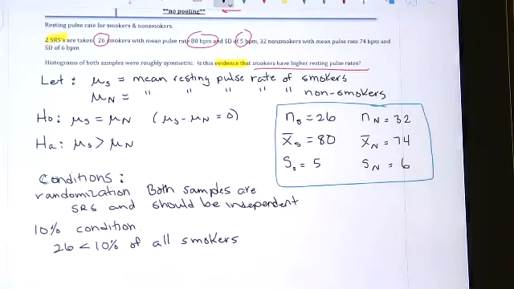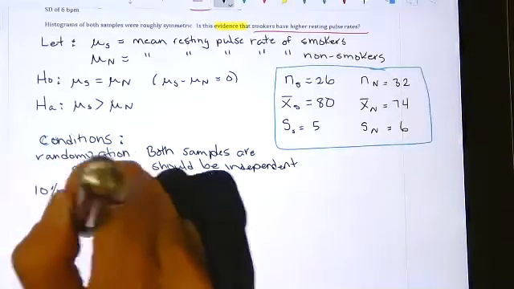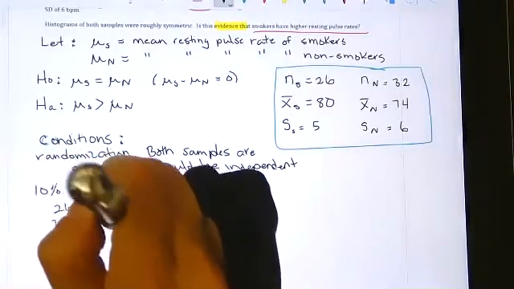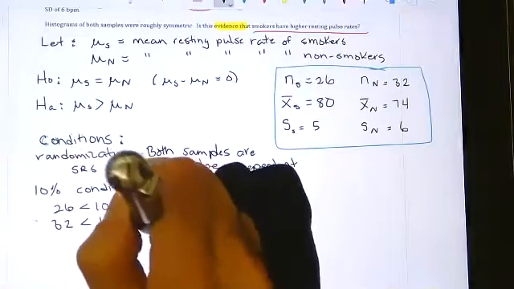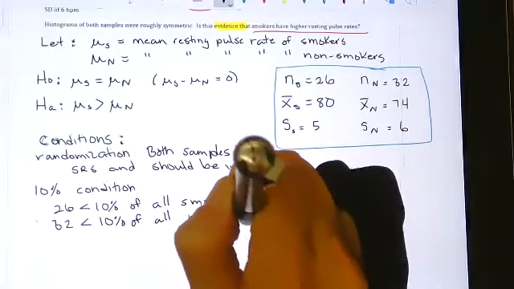I don't know how many smokers there are in the world, but I am pretty confident that it is greater than 260. And likewise, 32 is less than 10% of all non-smokers.